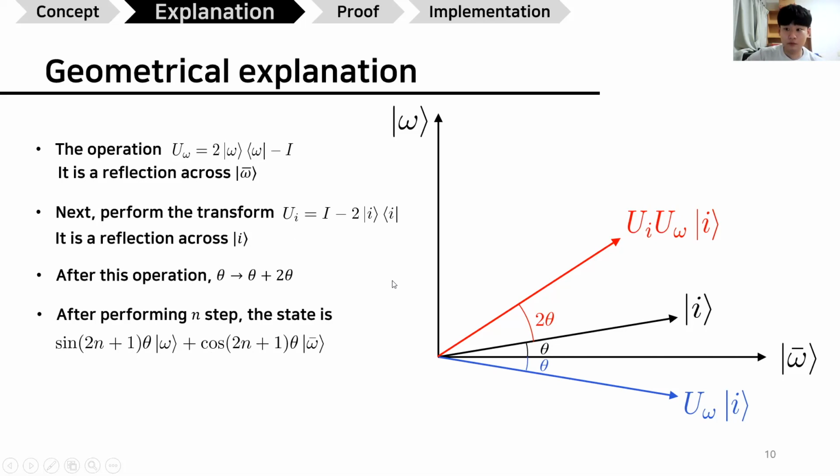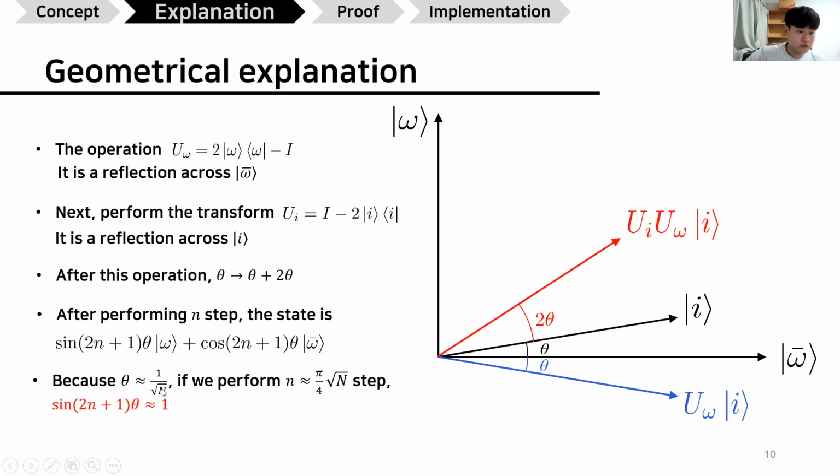And our purpose is making the coefficient sine (2n plus 1) theta equal to 1. Because theta equals 1 over square root of n, if we perform n equal to pi over 4 square root of n steps, this coefficient is very close to 1. So we can find the answer. This is Grover's algorithm.